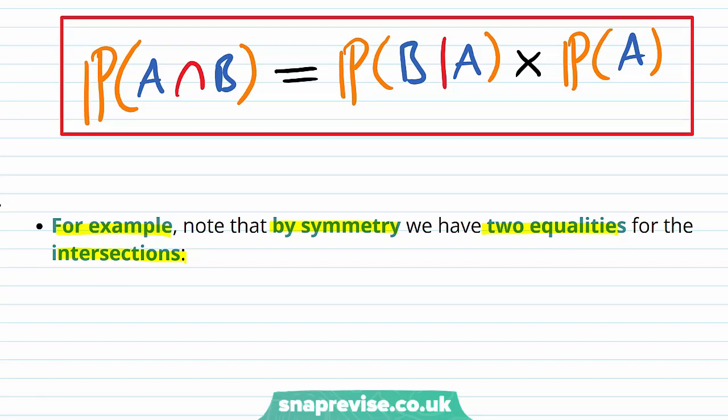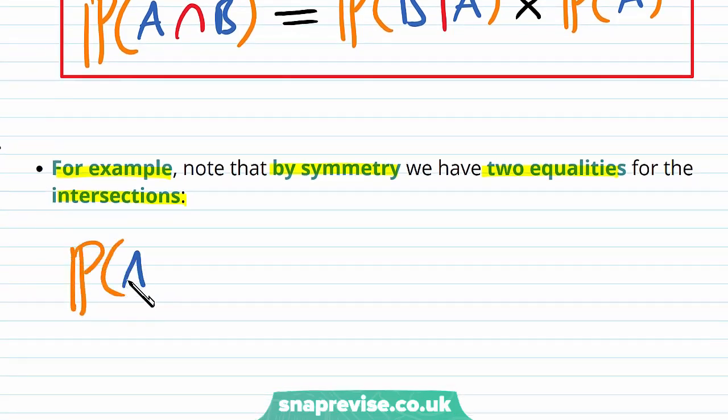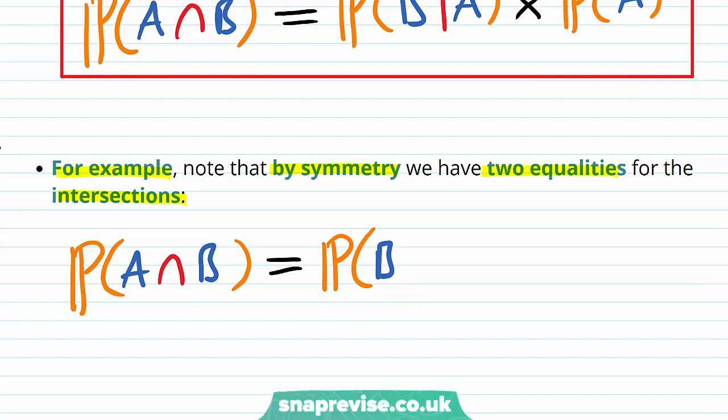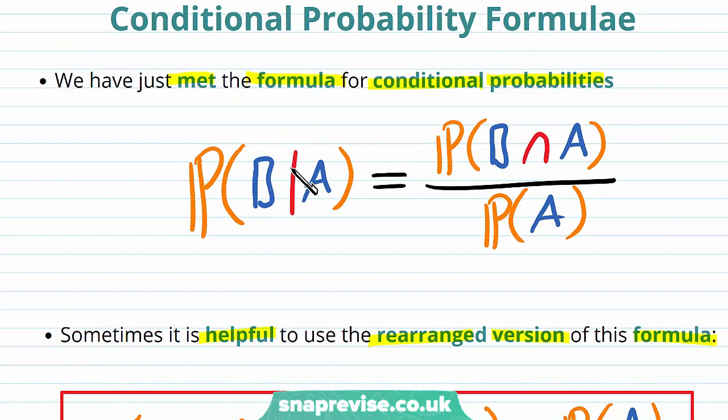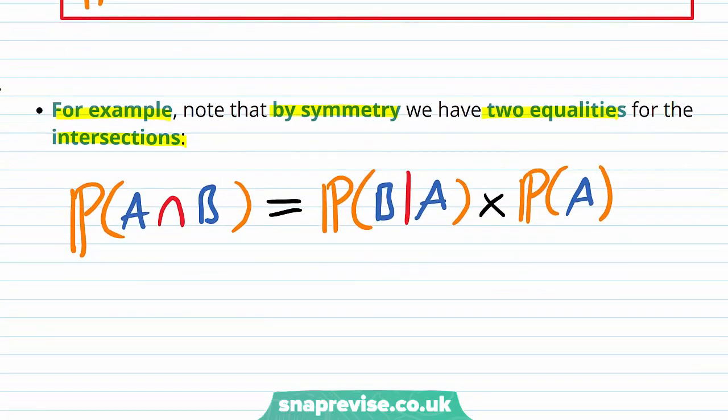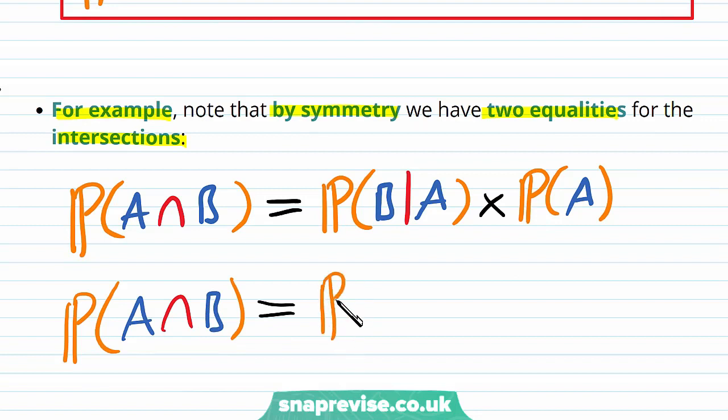We have our first one, which is that the probability of A intersection B, precisely by writing out the formula as above, is equal to the probability of B given the event A multiplied by the probability of the event A. But also, by swapping around, we have that the probability of A now, given B, is going to be the probability of A intersected with B divided by the probability of B, just by swapping the events A and B. And when we multiply, this gives us, again, the probability of A intersected with B is equal to the probability of, this time in the opposite order, A given B multiplied by the probability of the event B.